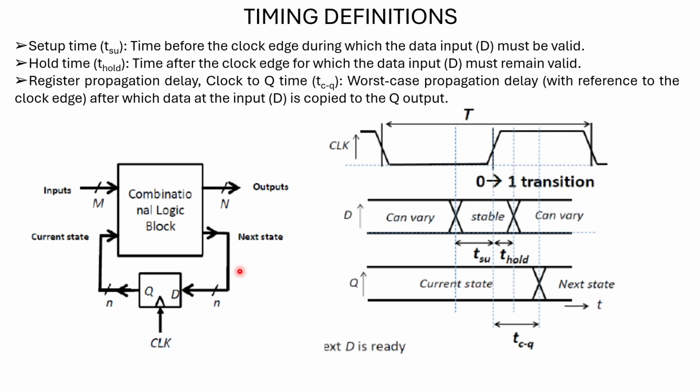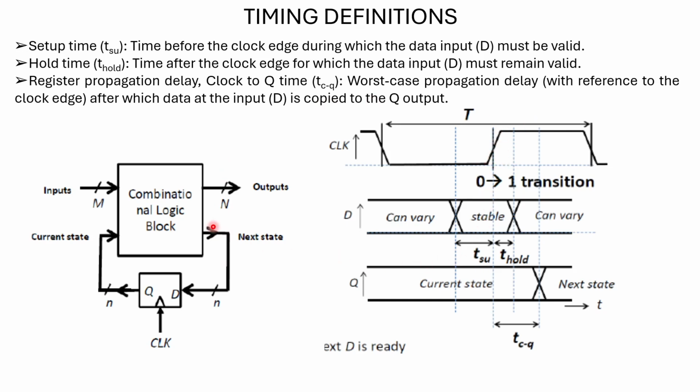So in short, the minimum delay should be greater than the hold time. Putting it in words, the minimum delay of a register is TCD of the register, and the minimum delay of the combinational block is TCD of the logic block. So TCD of register plus TCD of logic should be greater than the hold time. What I mean to say is that the next state input should not change after this transition.